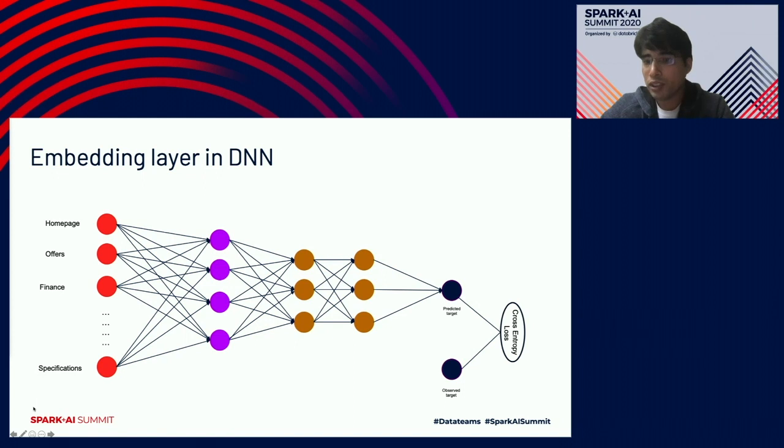You have your observed target and your predicted target, and you want to reduce this loss by doing back propagation and learning these embedding weights. Once your model has learned the embeddings, you can use them to represent the customer journey, to predict, to compare different customer journeys, and to represent these individual page categories as well.